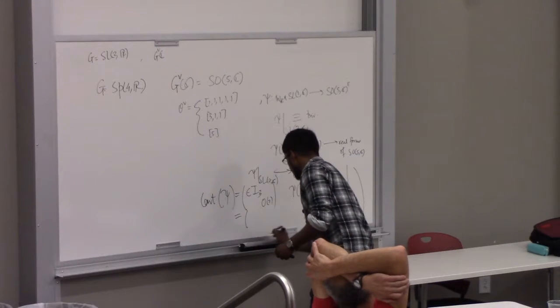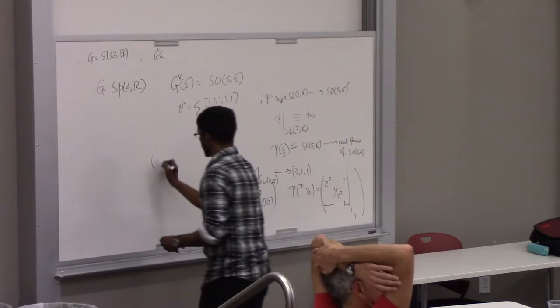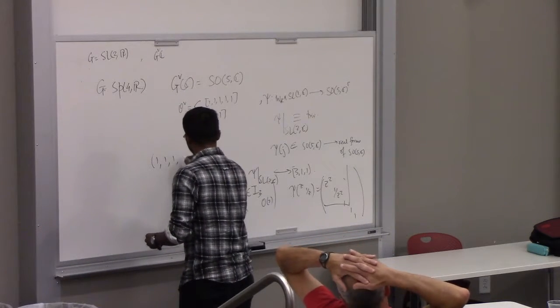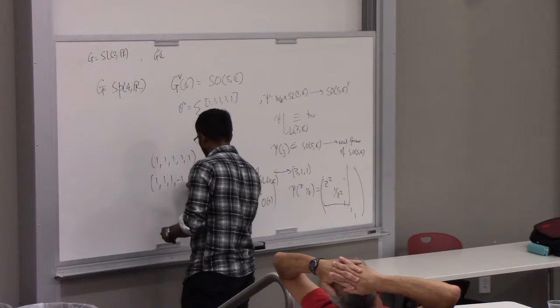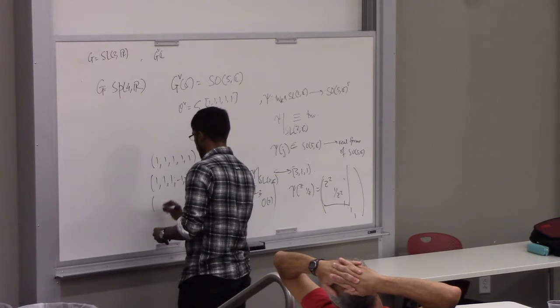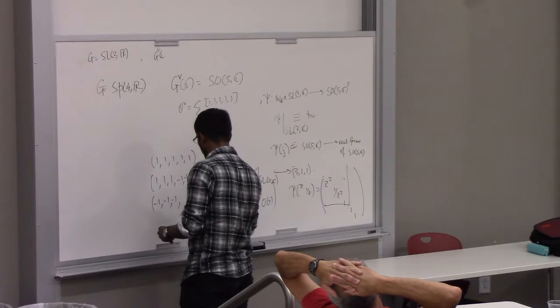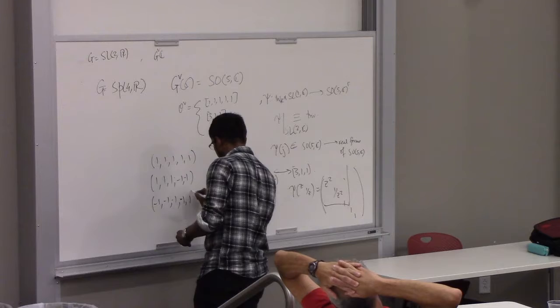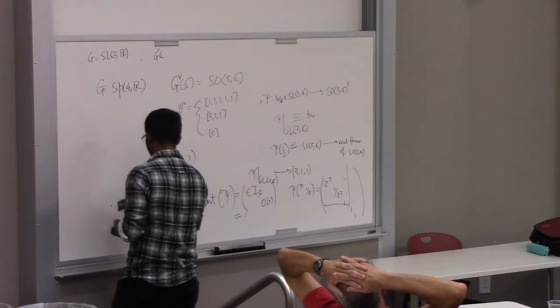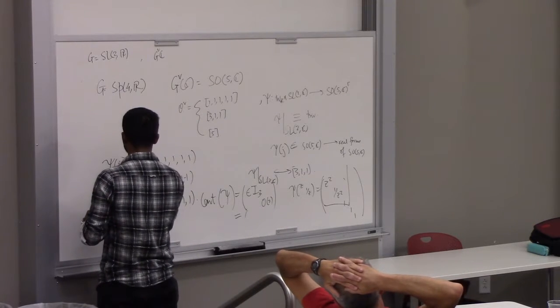My possibilities for psi j are 1,1,1,1,1; 1,1,1,-1,-1; and -1,-1,-1,1,... -1,1. These are diagonal elements, so these are my possibilities for psi j.